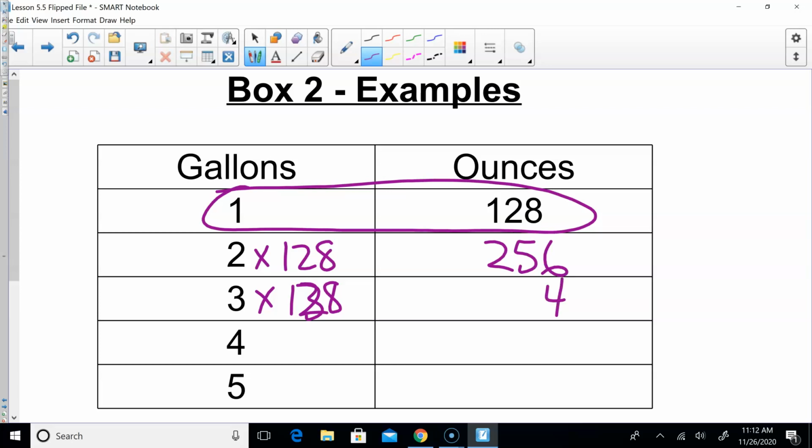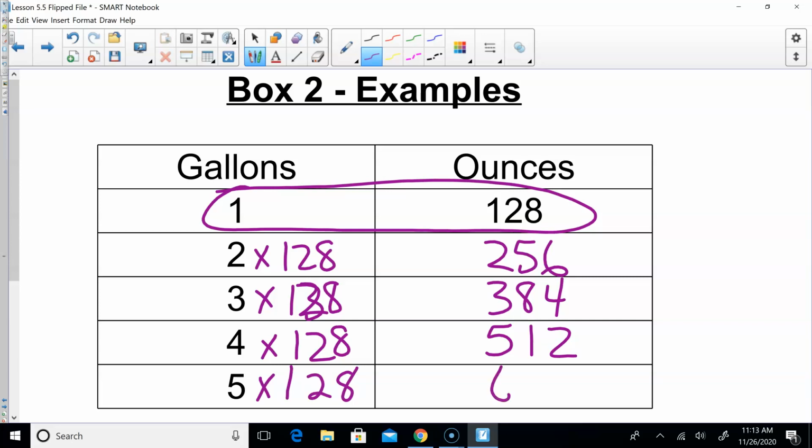Oh boy, now we're really struggling. 483 times 4 by 128, and then we're going to get 2, 1, 5, and 5 by 128, and we're going to get 630. Nope, 640. How about that? So if you're not sure, you can always multiply them out to get that information, but it's all about finding that relationship to figure out the number we need for each of them.